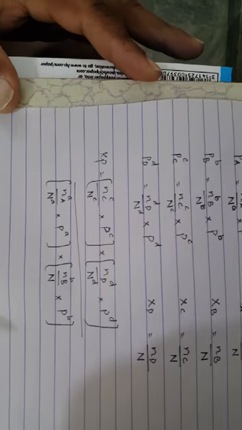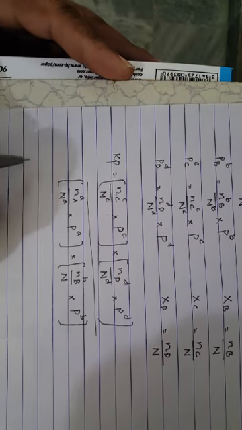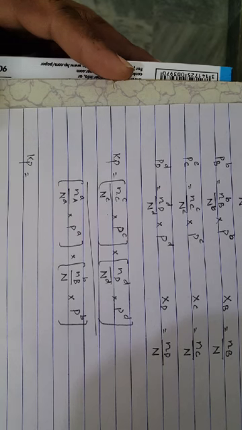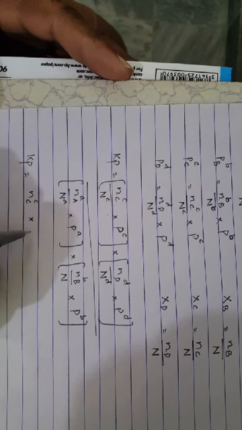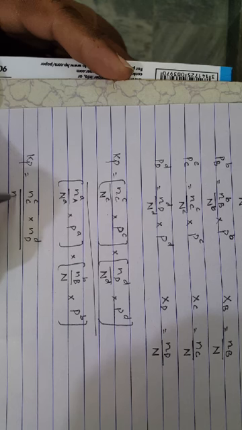Now we will simplify this equation. Kp will be equal to Nc to the power c into the number of moles of D to the power d, divided by the number of moles of A to the power a into the number of moles of B to the power b.